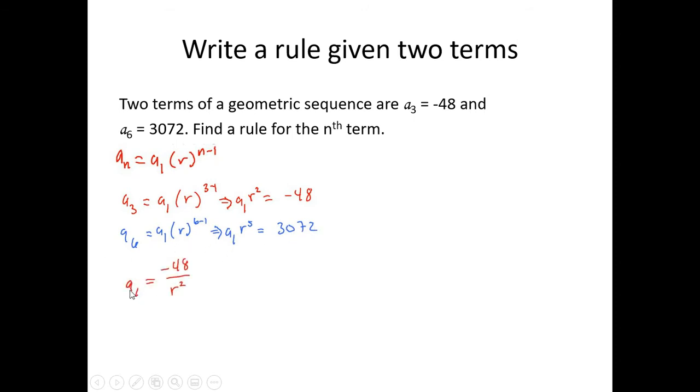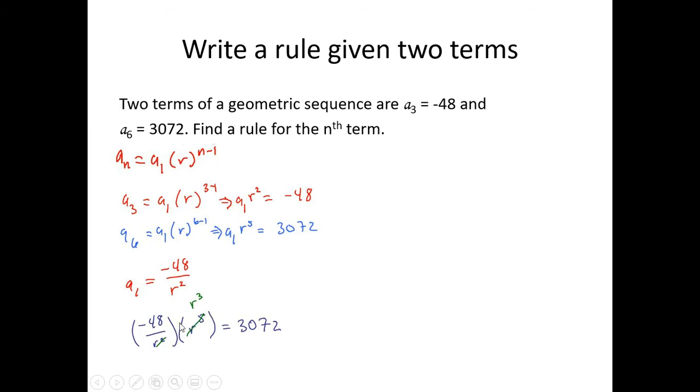So what does that tell me? That tells me that a sub 1 is equal to negative 48 divided by r squared. And then I can plug that into the second equation. A sub 1, which is negative 48 over r squared, times r to the 5th is equal to 3072.